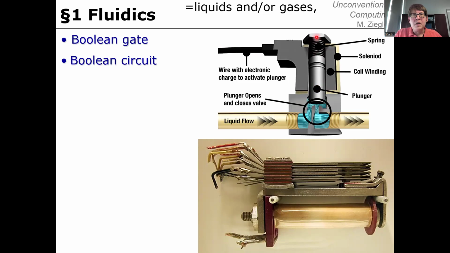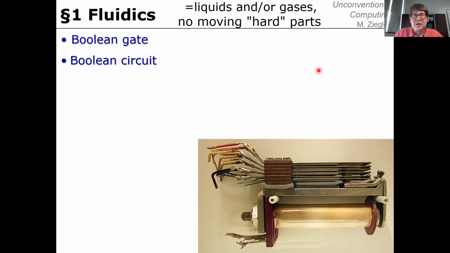This gate can be opened or closed. But this is not fluidic, because it still has moving mechanical hard parts, this part, right? So in fluidics, we prohibit moving hard parts. Only the fluid, liquids or gases, may move. So this is not about fluidics.